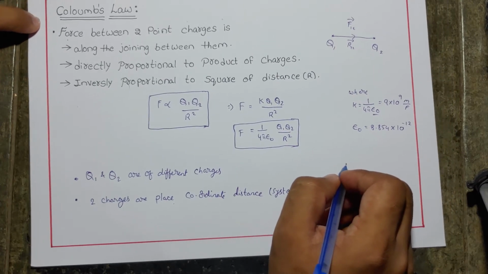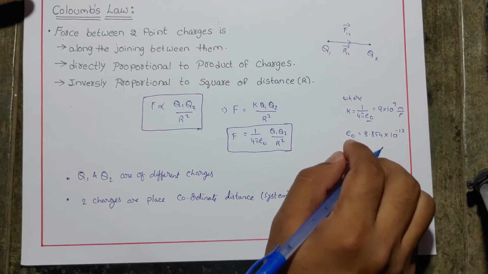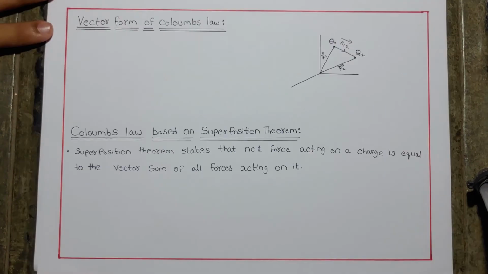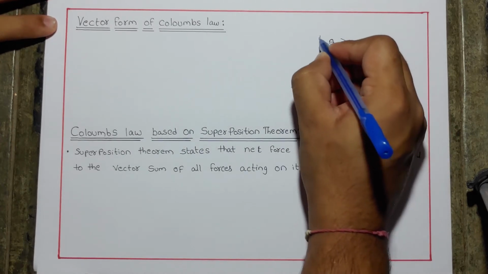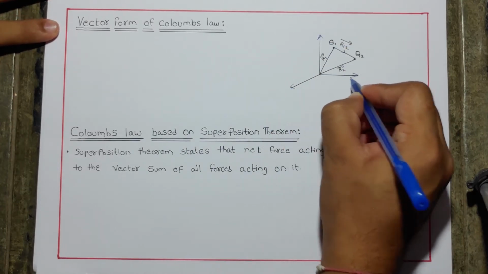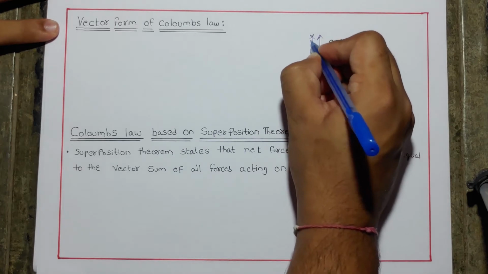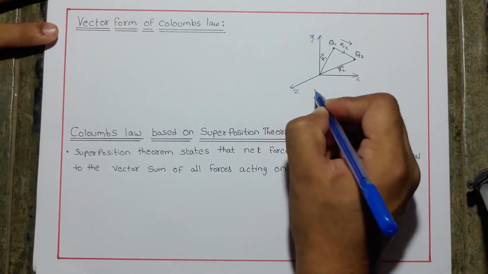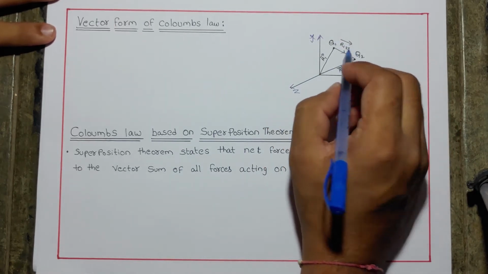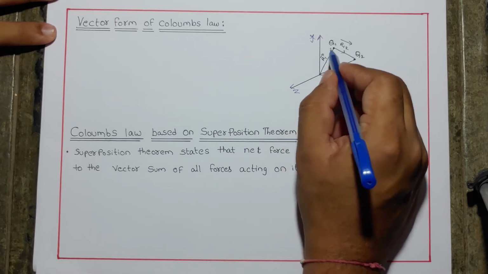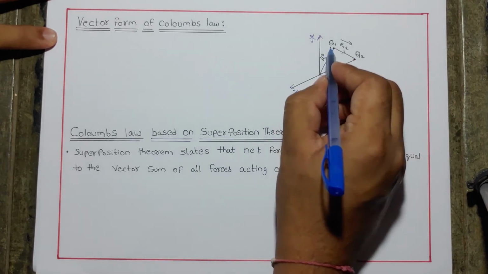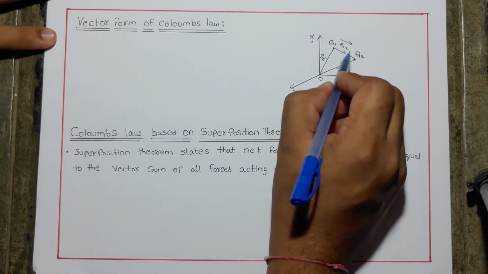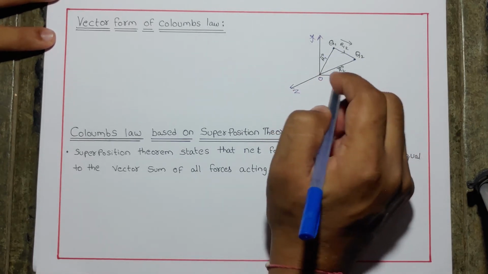Now let us find the vector form of the force. In a coordinate system of x, y and z, the charges Q1 and Q2 are placed at distances r1 and r2 from the origin, and the distance between the two is r12.